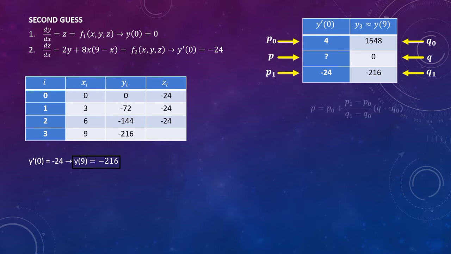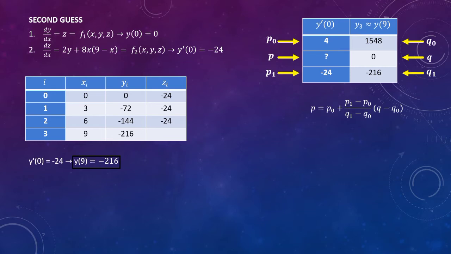We will now use this formula for the interpolation. To get p, it is equal to p sub 0 plus p sub 1 minus p sub 0 divided by q sub 1 minus q sub 0, multiplied by q minus q sub 0.